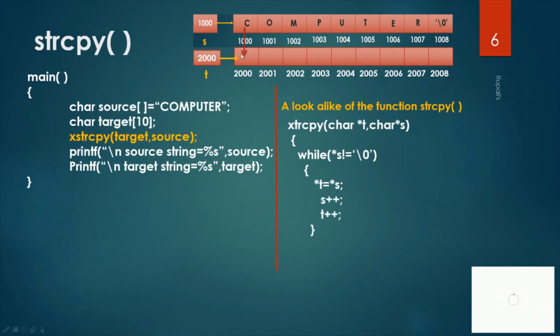At this position you have to write C. So *t equal to *s. *s means C, t means 2000, and *t means this location. So at *t you have to write *s.